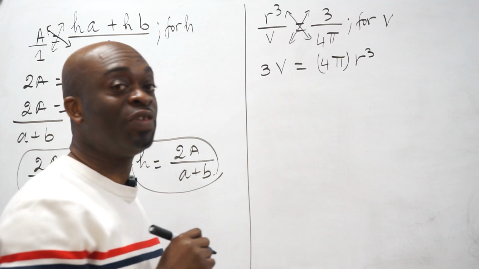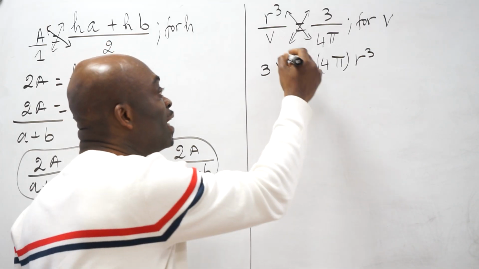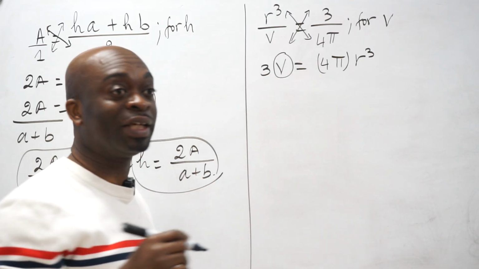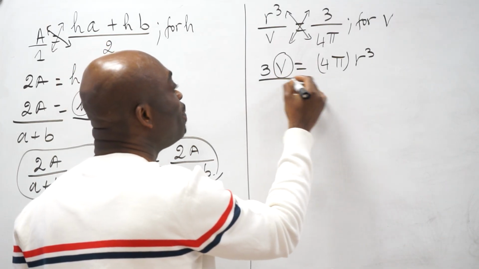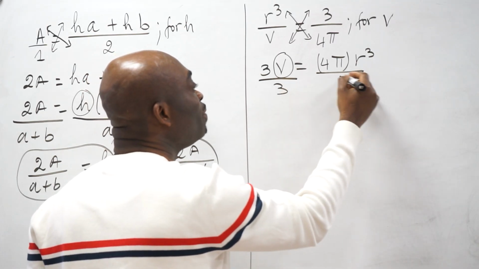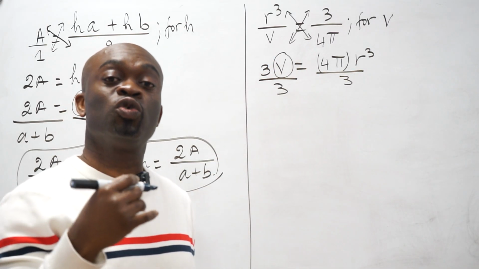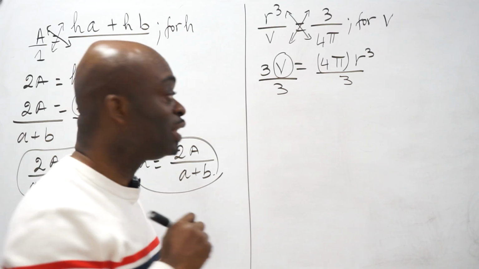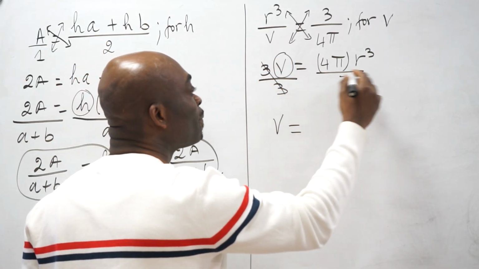Because we're solving for v, what are we trying to cancel in order to have v by itself? You have to cancel the 3 by dividing by 3, because you have multiplication between the 3 and the v. To undo that, you have to do division.